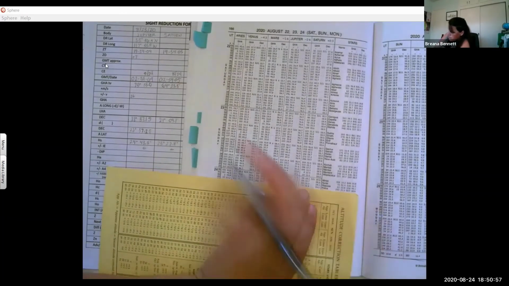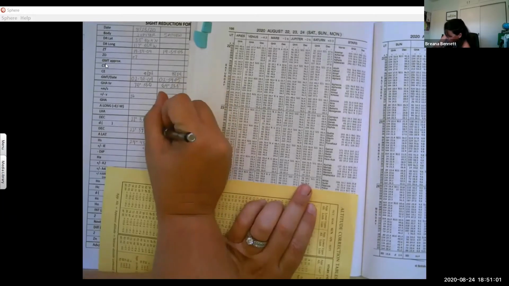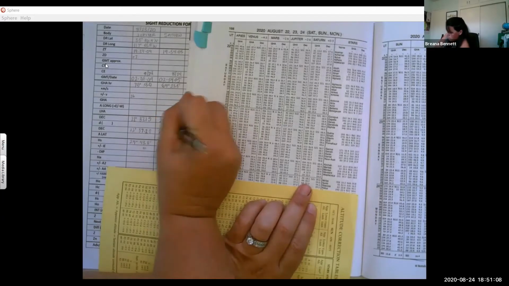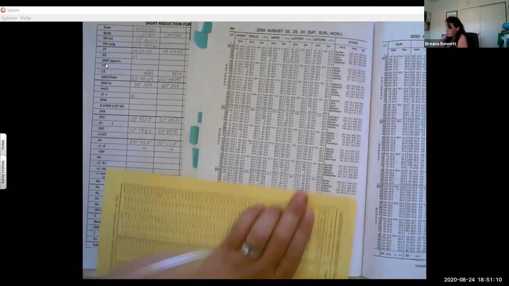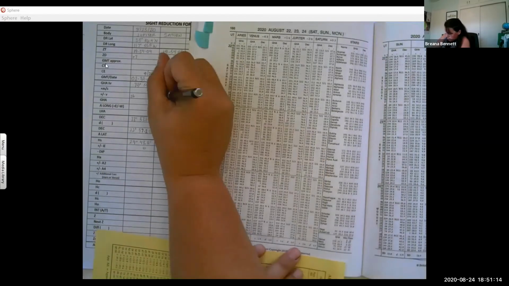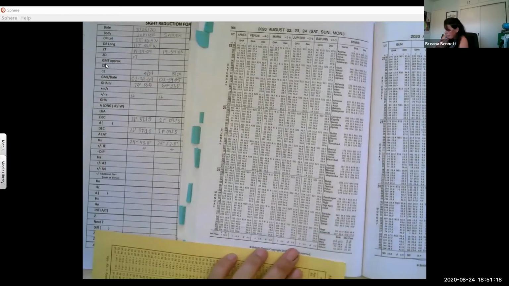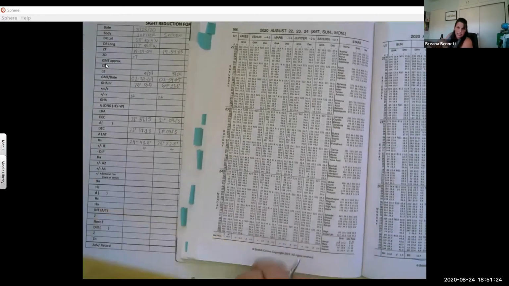And my next declination is the same, and that is south. Write that in. 21 degrees, 09.1 south. Oh, I didn't write down my little V was 2.6. Okay. And that's all we're going to get from that page for our planets.